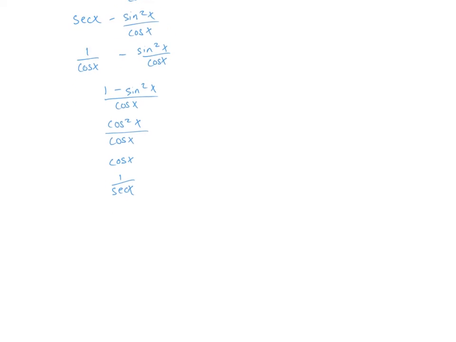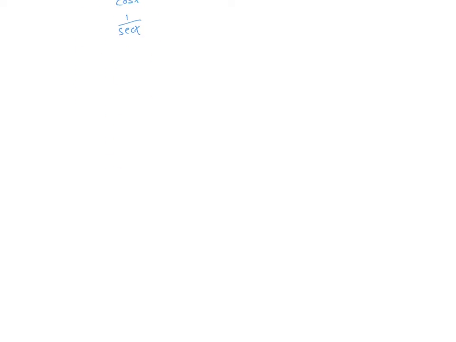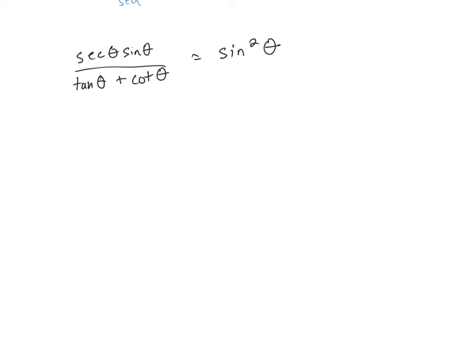Let's do another one. So let's say we have secant of theta times sine of theta over tangent of theta, plus the cotangent of theta, and we want to prove that it is the same thing as sine squared of theta.